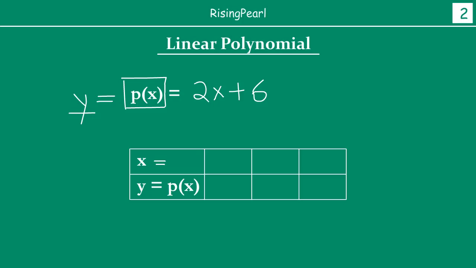So how can we take any values of x? The only criterion that you would want to keep in mind is that you do not want to take such a value of x that will in turn make the value of y, or the value of the polynomial for that value of x, a fraction or a decimal number.